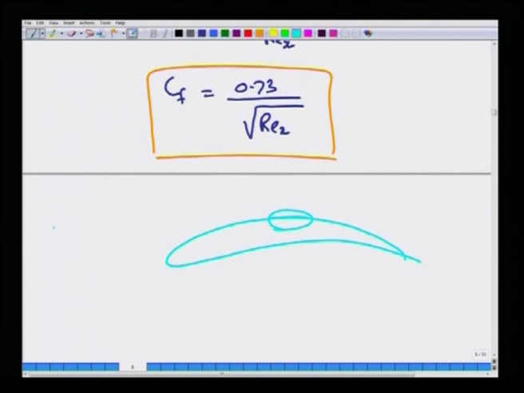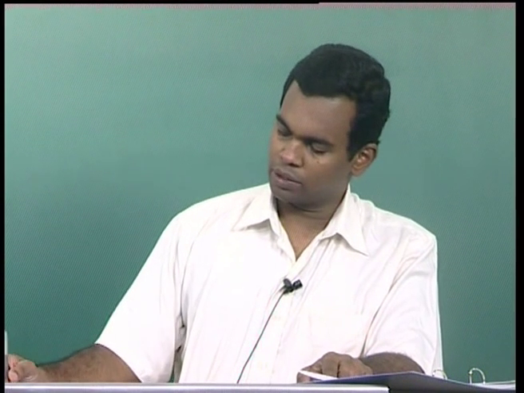Remember that streamlined bodies have no marked separation on the rear side of the object. So you can calculate the entire drag force to a good approximation using only the skin drag. The form drag is usually negligible.